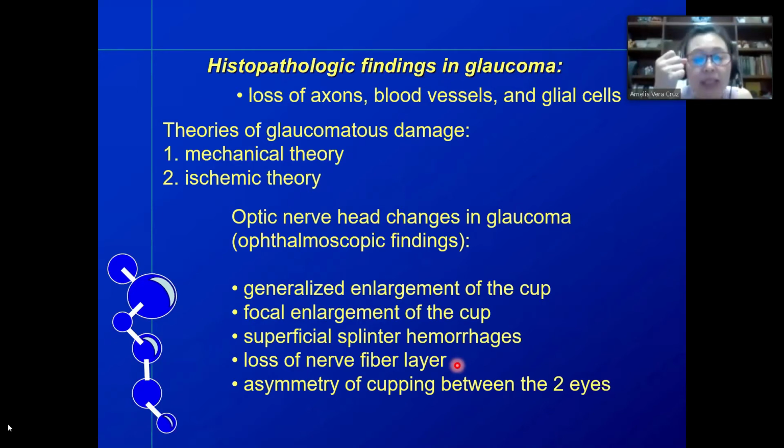But if you have loss of nerve fibers, mawawala yung striations na yan. Parang uniform na lang na flat, na wala ng striations. Yan ang loss of nerve fiber. In green light, you will see the splinter hemorrhage as black.